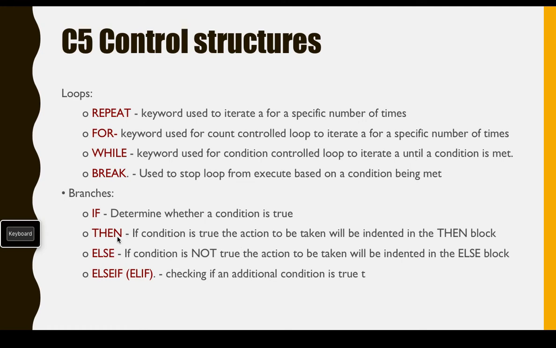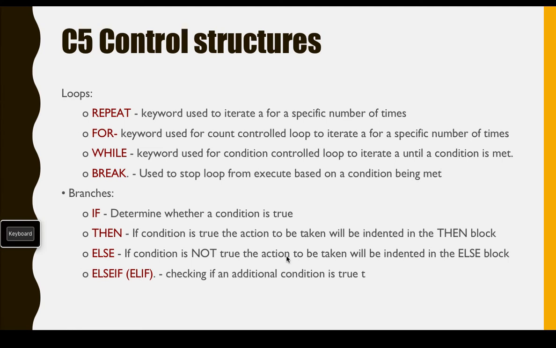Else, if that condition is not met, take this other action. And we can also use an else if, which is basically saying if the first condition is not true, check for this other condition. In Python we write it as elif. In pseudocode you can write the word else if. If you wrote elif in your exam, that will be perfectly acceptable as well.